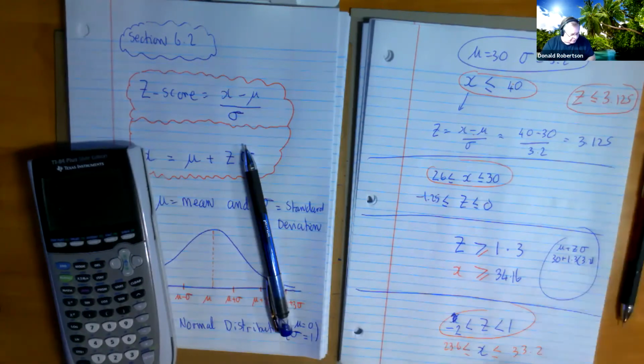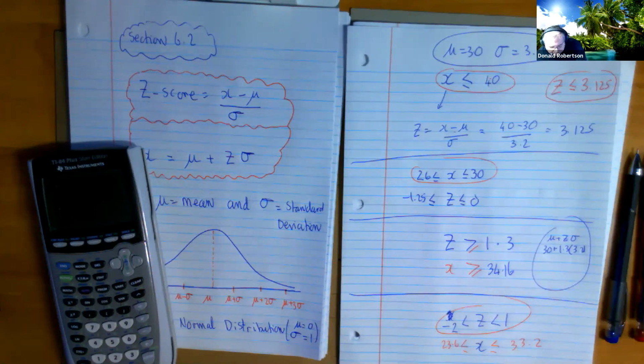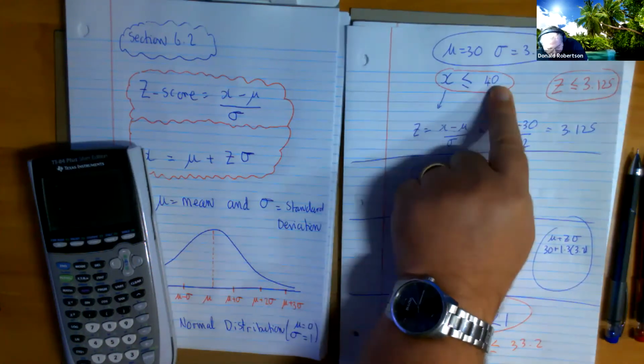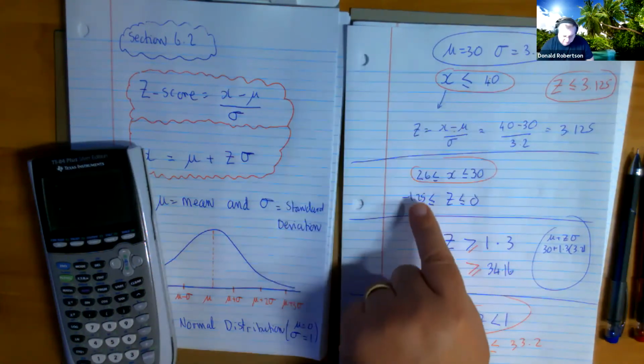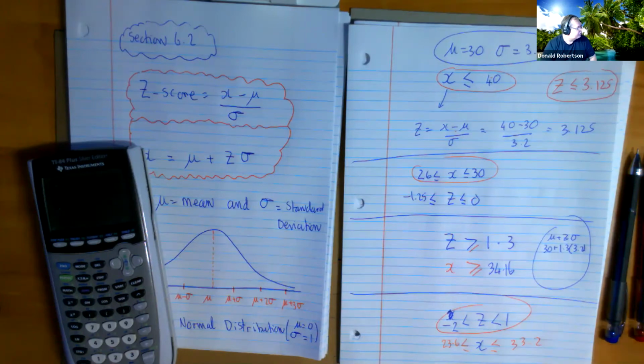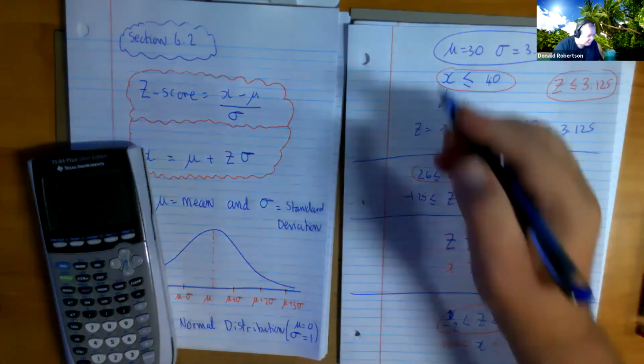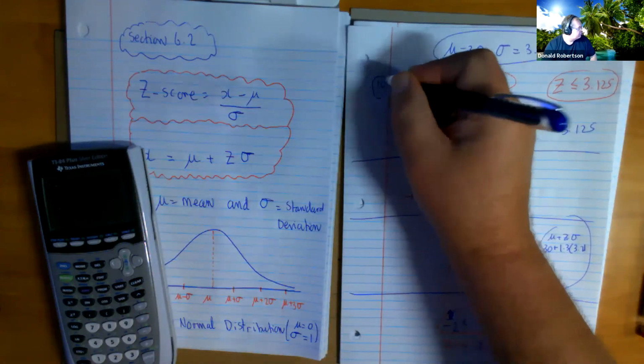So this is just a skill building exercise where you're given information in terms of X and you have to turn it into versions of Z, or they give you information with Zs and your job is to turn it into X's. And that's essentially what is happening in question 10 of homework from 6.2. Let's go on a little bit further.